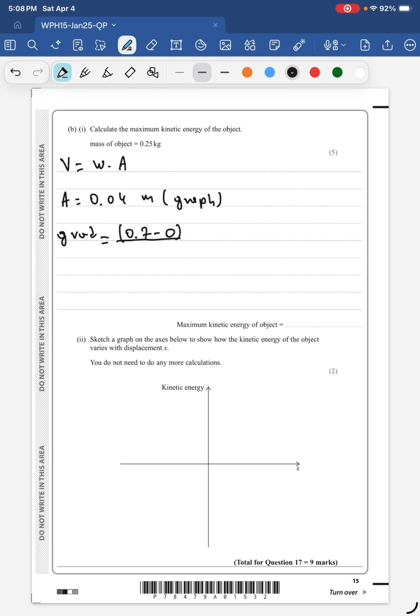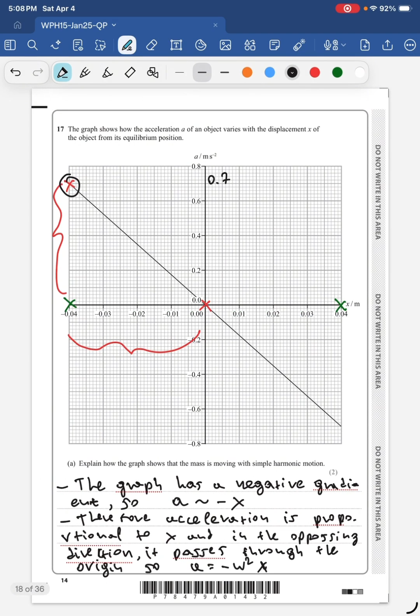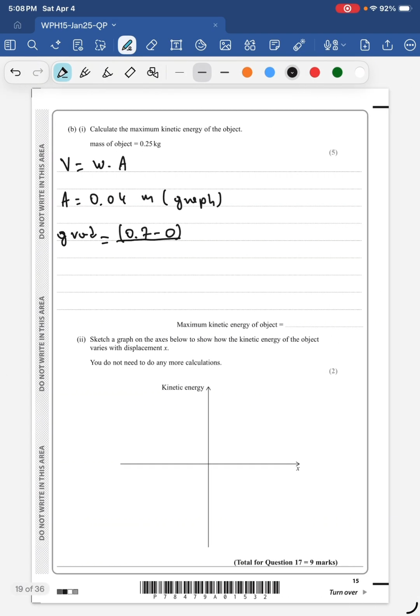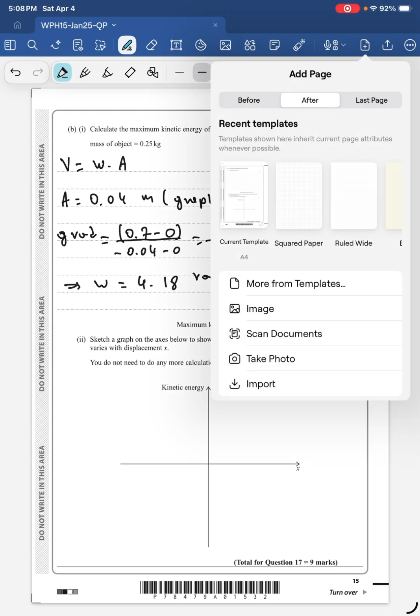And the displacement is minus 0.04 minus 0. So minus 17.5 is the gradient, which is equal to minus omega squared. Therefore, omega is 4.18 radians per second. I will need a clean page.